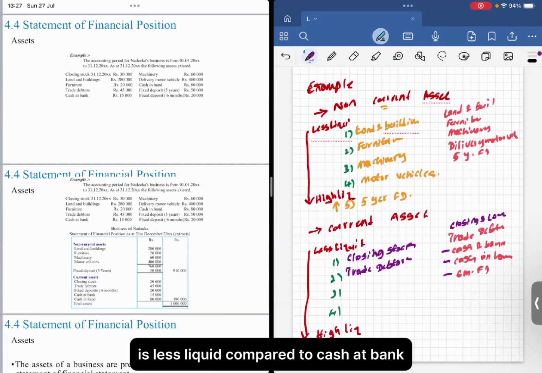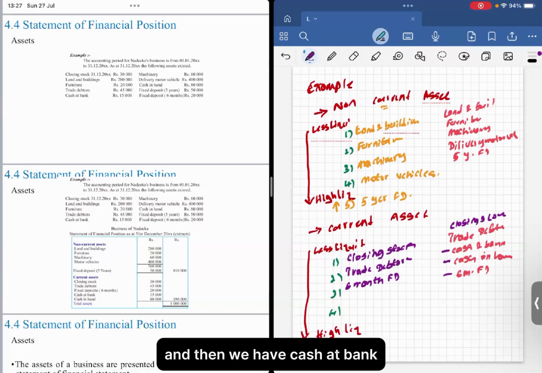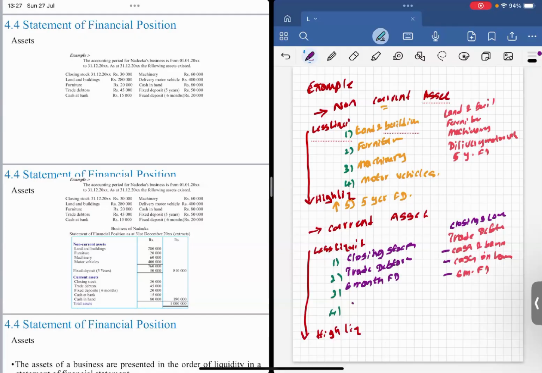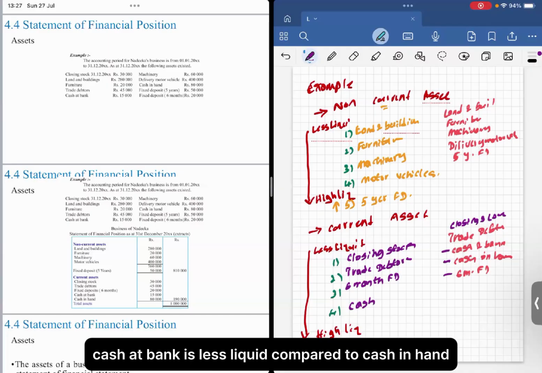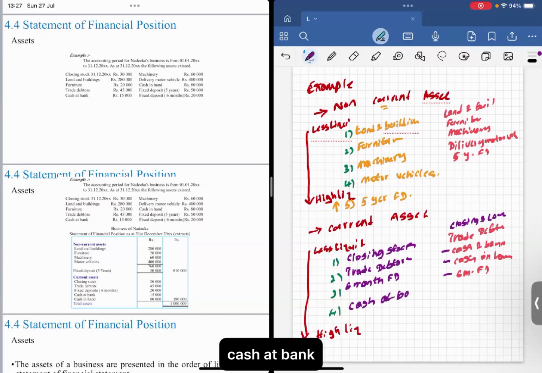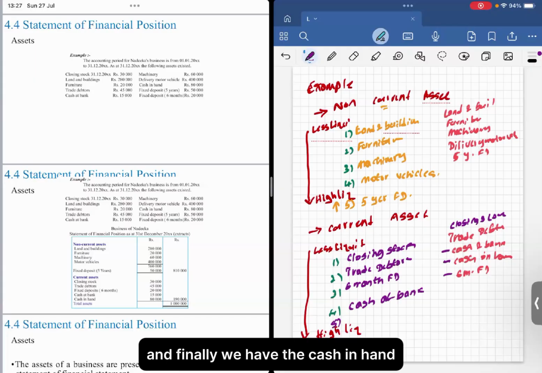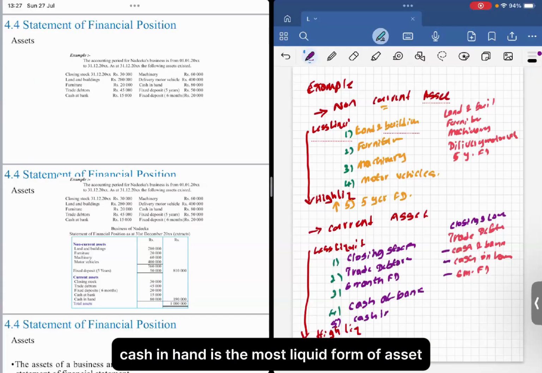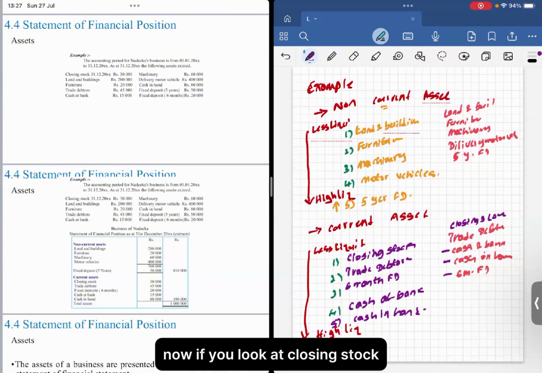Now 6 month FD is less liquid compared to cash at bank and cash in hand. Cash at bank is less liquid compared to cash in hand. And finally, cash in hand is the most liquid form of asset. Closing stock is less liquid than trade debtors because you have to sell it to someone and then turn it into cash.